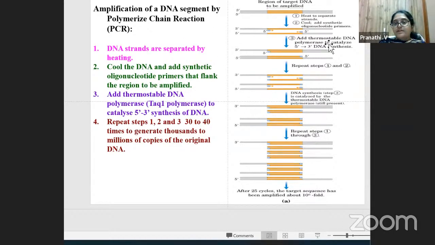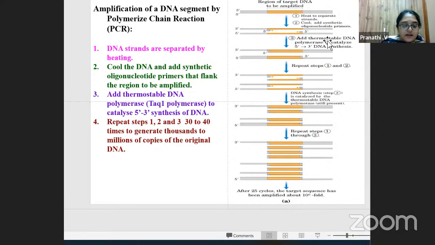So in this, what happens exactly is denaturation because of the heat, that is around 92 to 95 degrees Celsius for around 30 to 60 seconds. Because of it, the DNA double strands break. Before this, you have to give in the polymerase enzymes. You have to add your DNA sample.